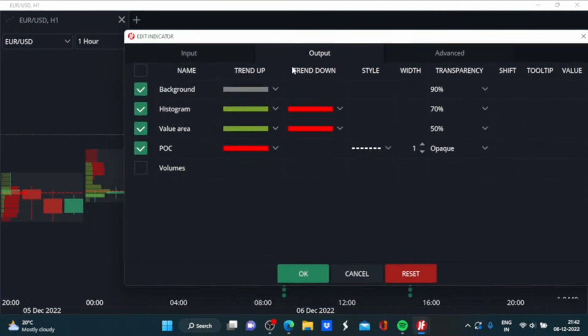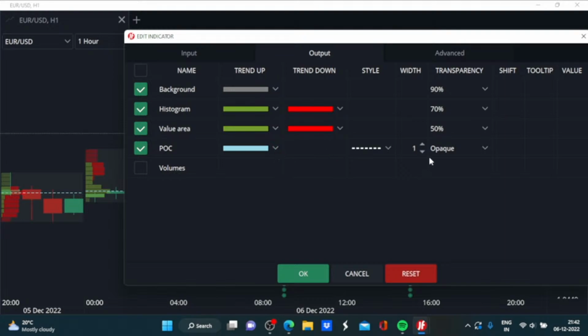We can go for different color combinations for our plotting of the background, histogram, value area, POC. So all these options are there. If you are not happy with the red color, you can go for a different color combination. So you have these options provided to us.